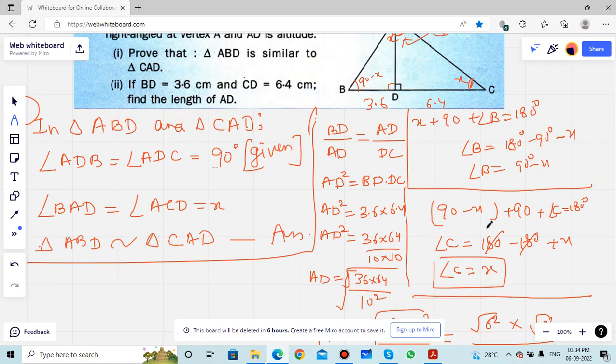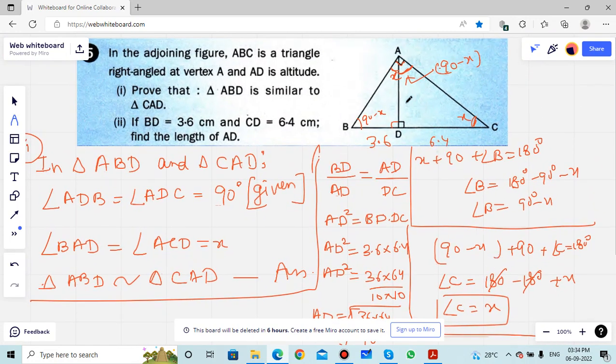So AD here will be 4.8 centimeter. Clear? And that's the answer. AD is 4.8.